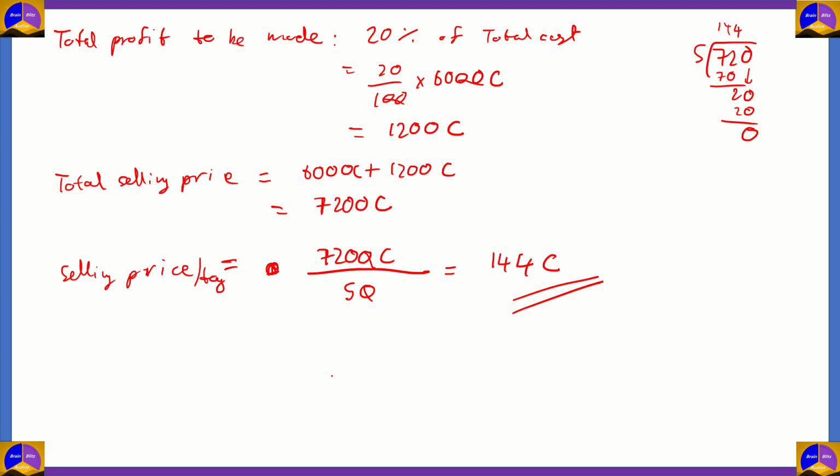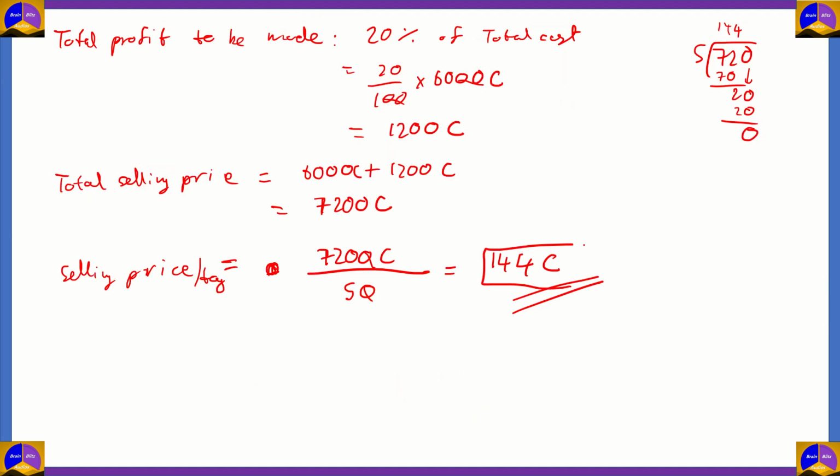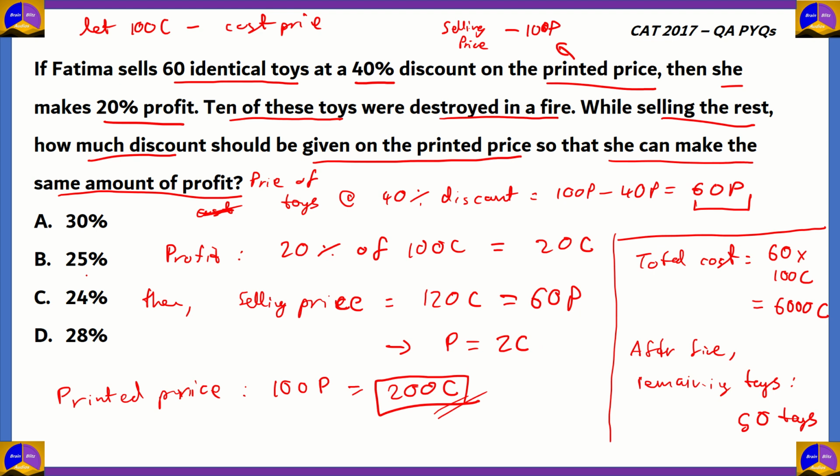Now, remember, the printed price is 200C. Your selling price now is 144C. So therefore, the discount that Fatima is giving right now is 200C minus 144C. 200 minus 144 would give you 56. So 56C is the amount that is discounted. Now, we need to get the discount percentage since the question is asking for the discount percentage.